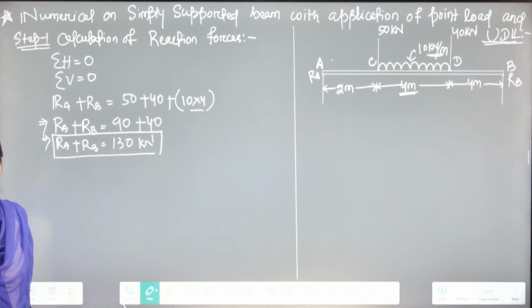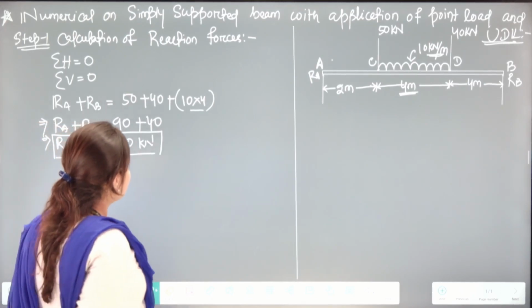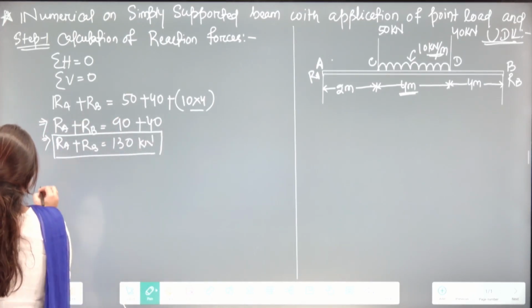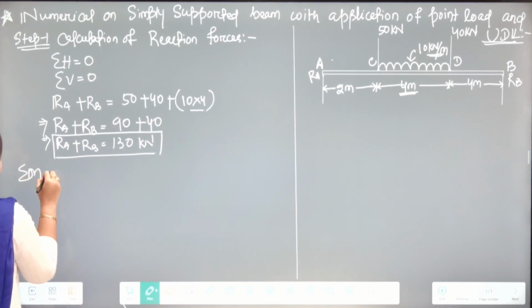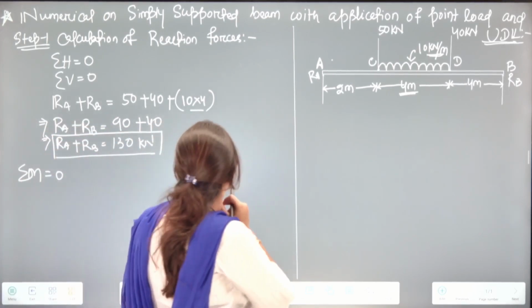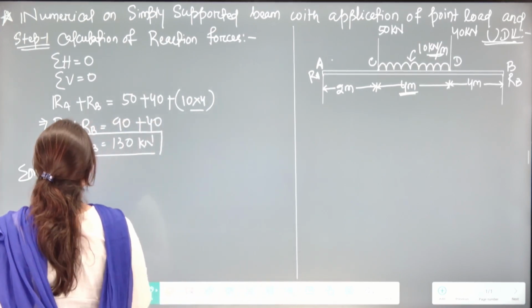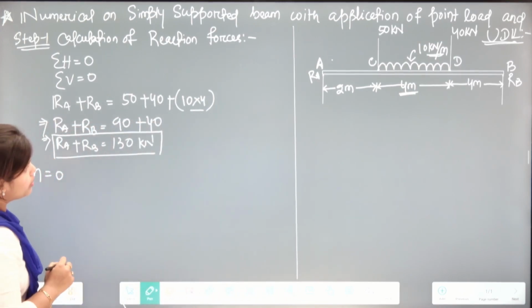Okay. Now we will go for the calculation of moment. So, how to find the moment? The summation of all moments is equal to 0 also. So, let's see how to calculate that.